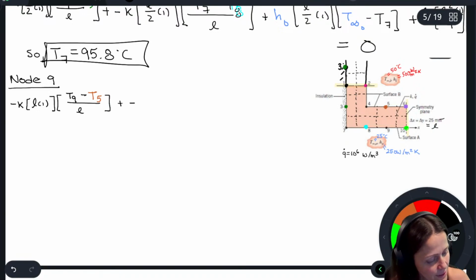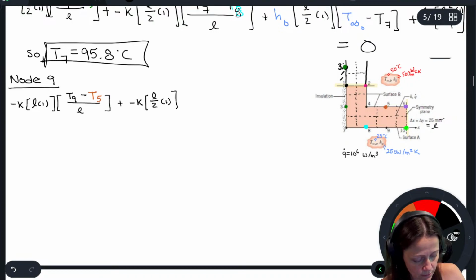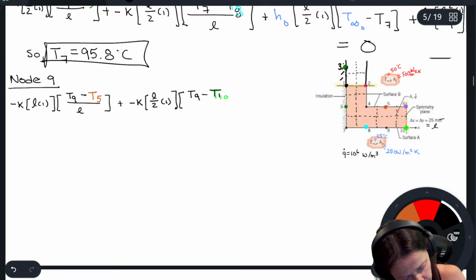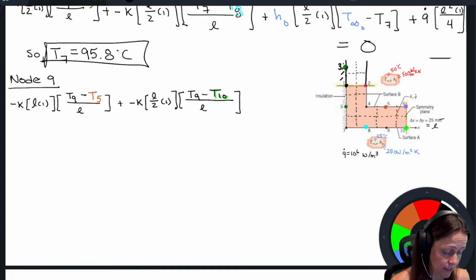So negative K, and this is a half area, L over 2 times 1. Then I have T9 minus T10 over L. Then I've got Q by convection.